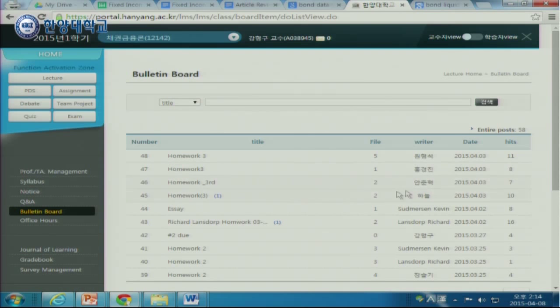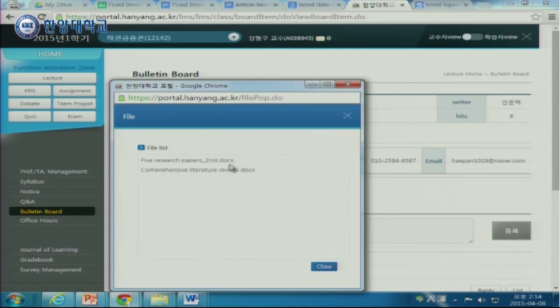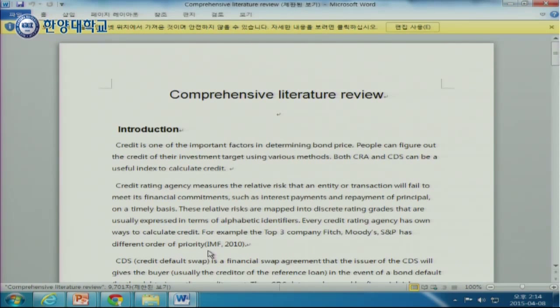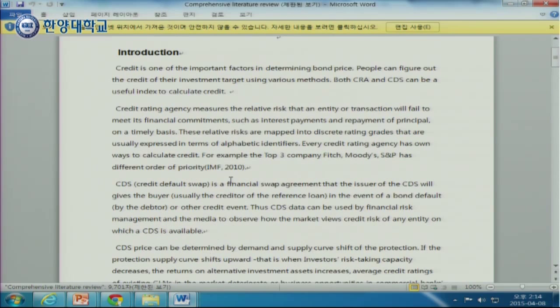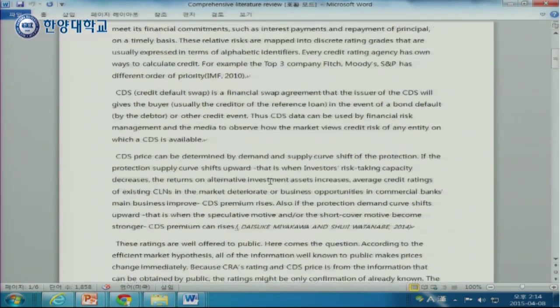Let's take a look at another one, 안준엽. Comprehensive literature review. Okay, this is okay. So IMF 2010. This is the correct way of citing. This part is right. But Daisuke, no, this is not right. In this case, first it should be here.